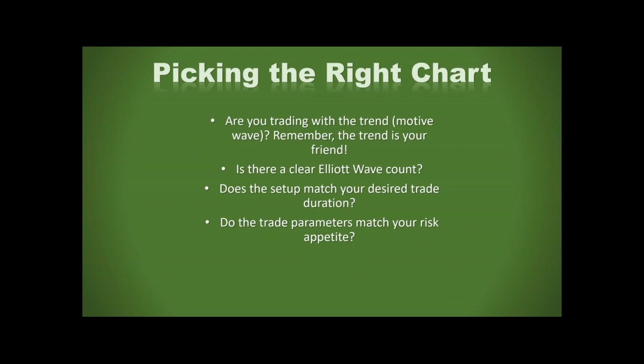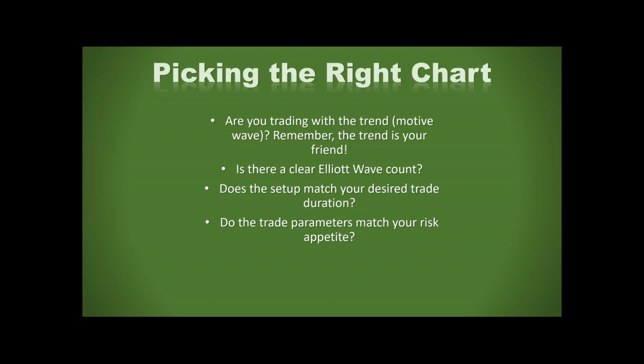We're trying to set ourselves up for the best possible chances of success, and trading with the trend is, as I'm sure you've heard before, much easier, much more forgiving if, say, you don't have the perfect entry or the perfect exit as far as being successful with that trade. So remember, the trend is your friend, much easier to trade with the trend, much easier to trade a motive wave.